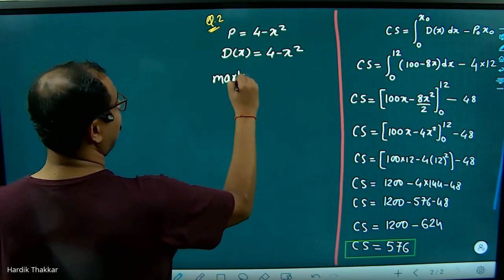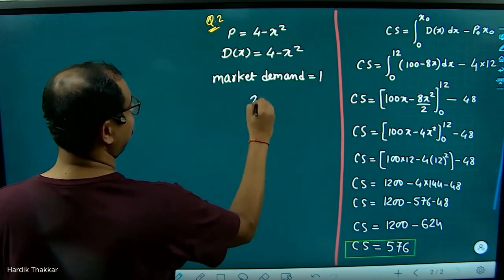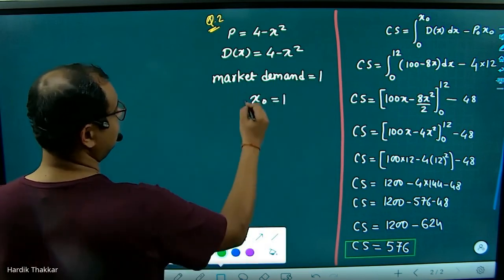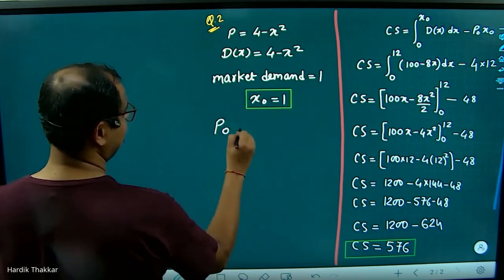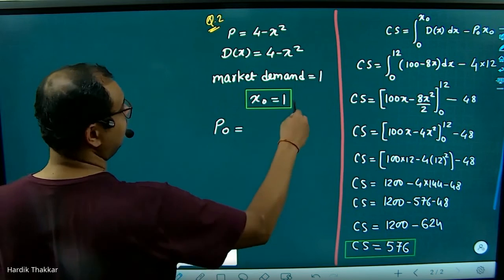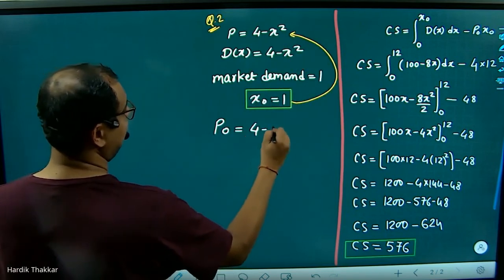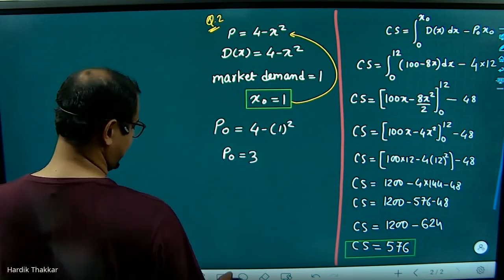So market demand means x naught is given to us: x naught is equal to 1. We will find p naught, and for that put the value of x naught in this function. It will be 4 minus 1 square, so the value of p naught will be 3.